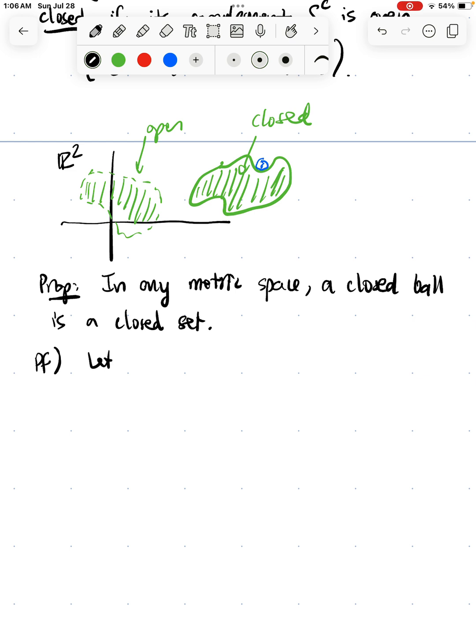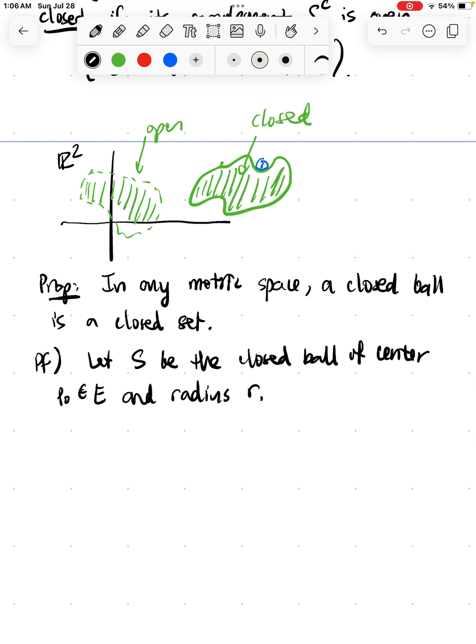Well, let S be the closed ball of center P naught in E and radius R. So that's our closed ball, and we want to show that the complement is open. So we should take an element P in the complement, and we want to show that there is some open ball centered at P that lies completely in the complement.